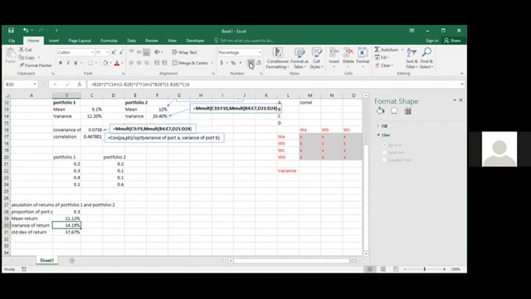In that case, we can apply the 2 asset case equation.